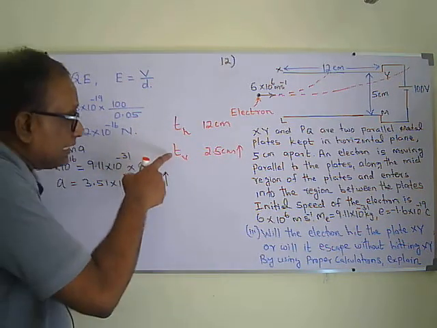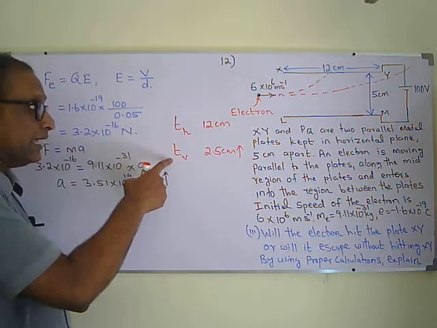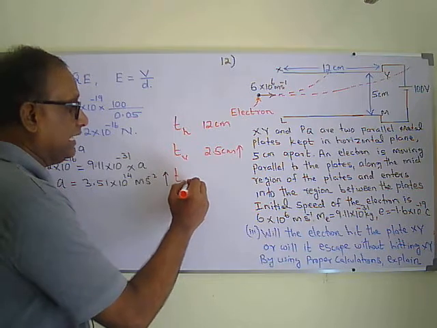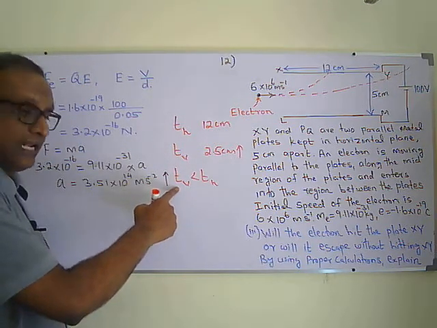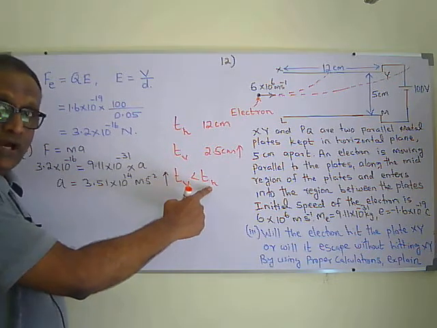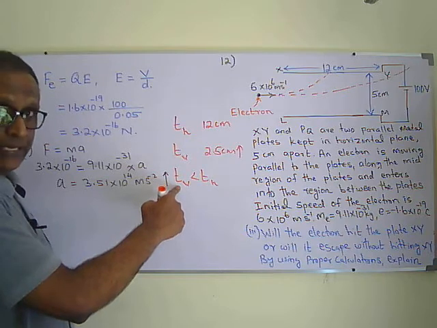If TV, the time taken to reach the plate, is smaller than TH, this will happen first. That means before escaping out of the plates, it will hit the plate XY.